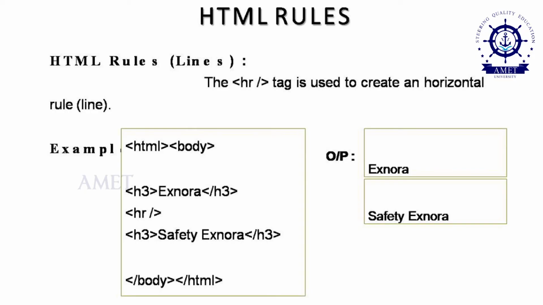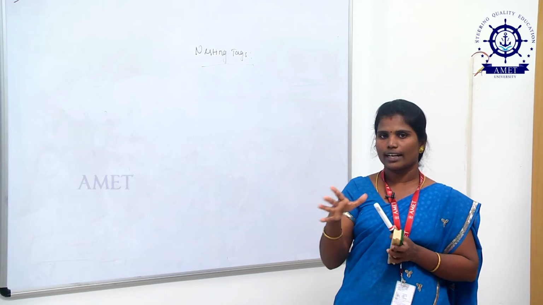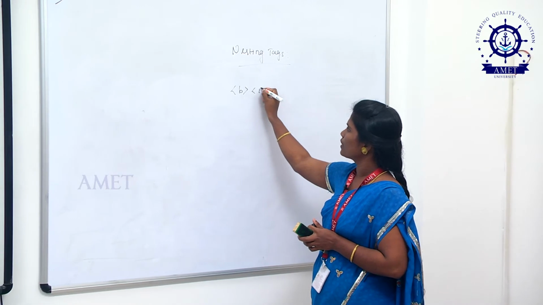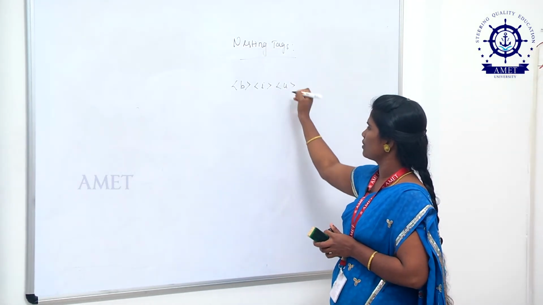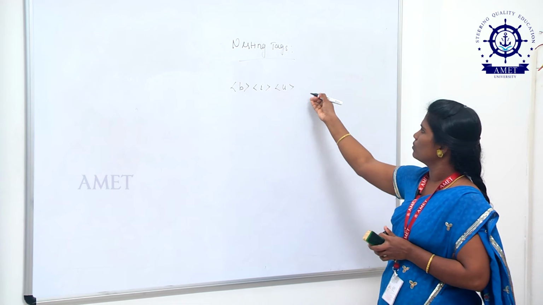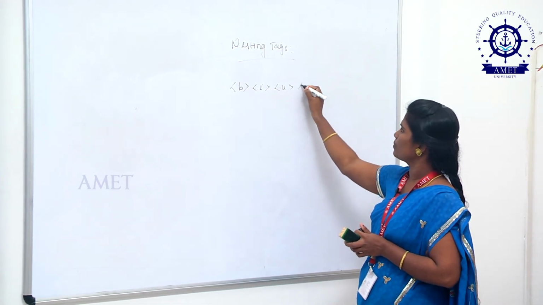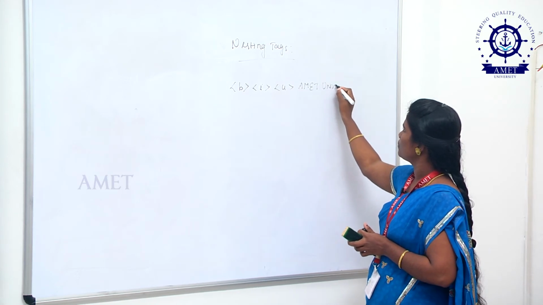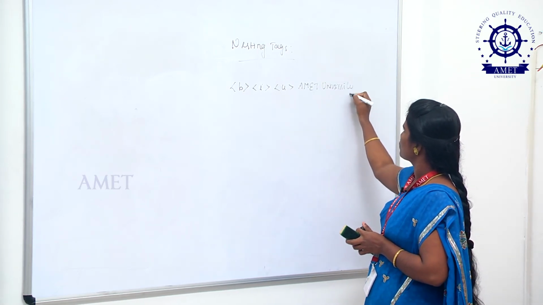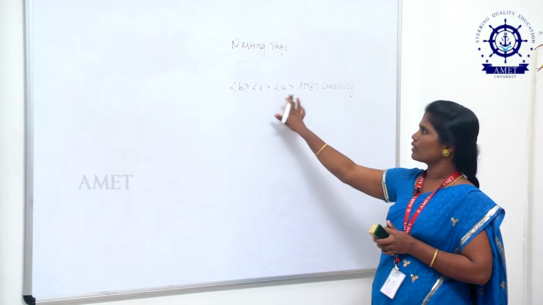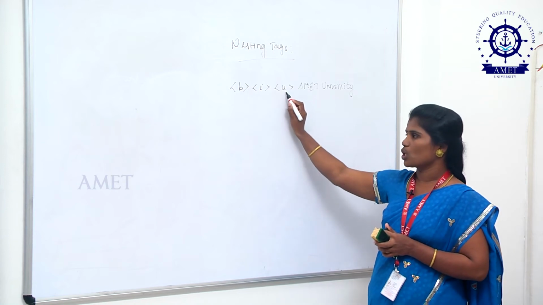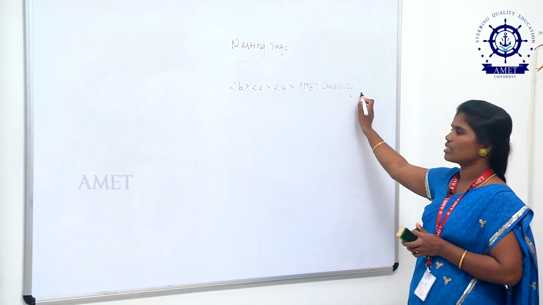When you are nesting more than one tag in HTML, for example, if I want to use bold, italic, underline, and then display some text, you must keep this in your mind: the tag which you have used last should be closed first.